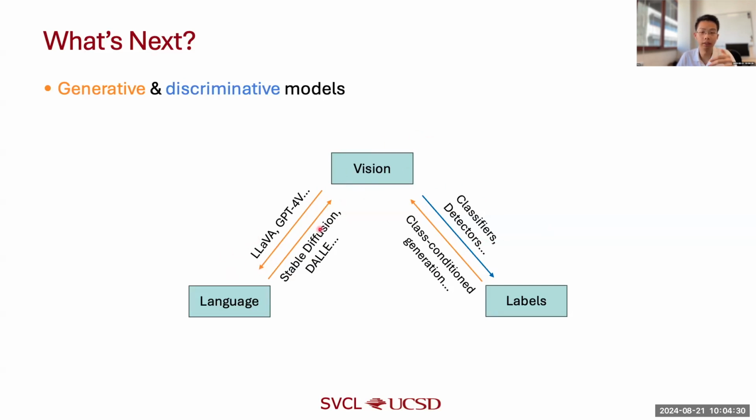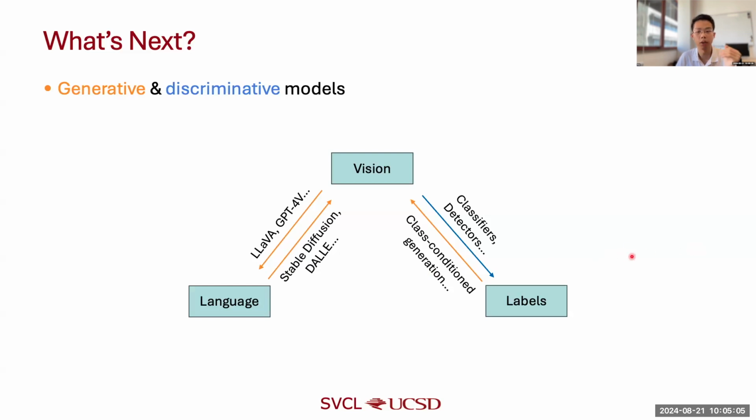Between the vision, language, and label spaces, there are many families of discriminative and generative models, such as GPTs, LLaVA, stable diffusion, detectors, segmentation models, and class conditioned image generation. The biases of all of them are very understudied today because it's difficult to come up with a unifying framework to understand these biases in relation to each other.